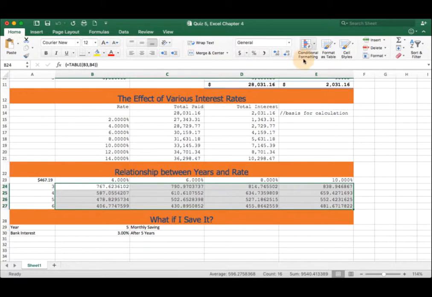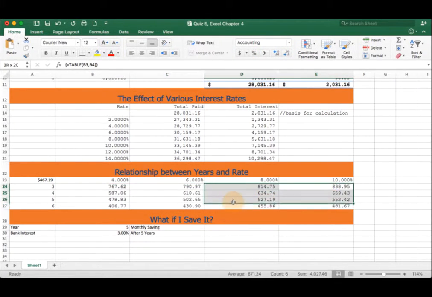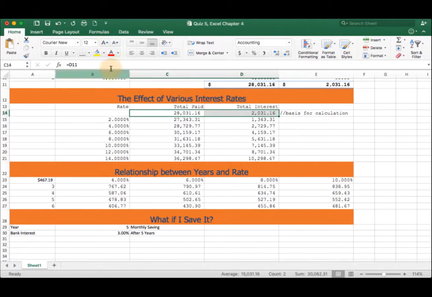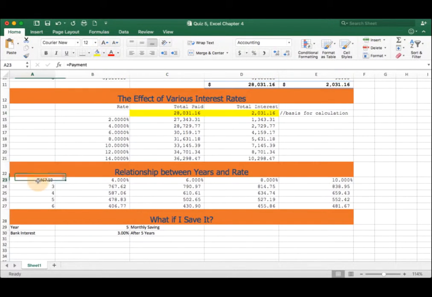So let's go back and do a simple modification. It's going to display perfectly what the monthly payment amount is going to be like. So let me highlight it in yellow. Yellow basically provides the basis for calculation, no matter how many different variables you're using.